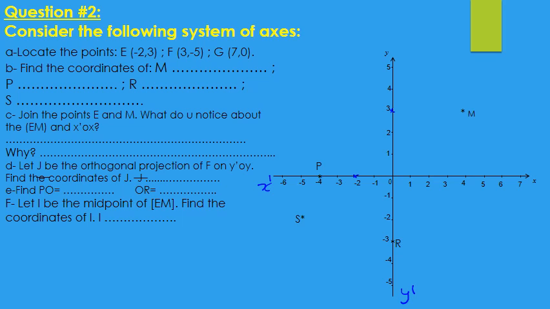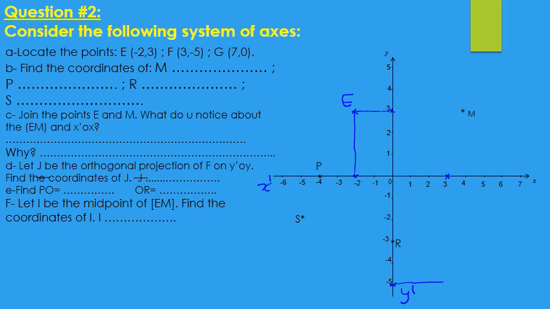Now we draw an orthogonal projection from 2 and an orthogonal projection from 3, and where they intersect, they give us the point E. F has (3, minus 5): abscissa 3 where it belongs to the x-axis, and ordinate minus 5 where it belongs to the y-axis.